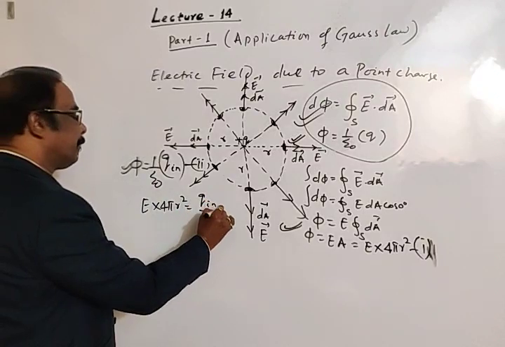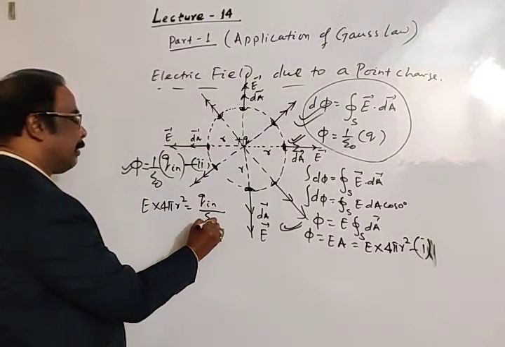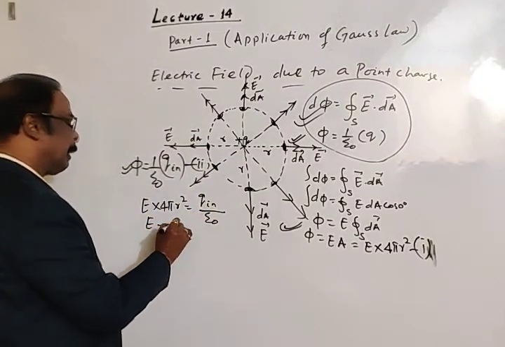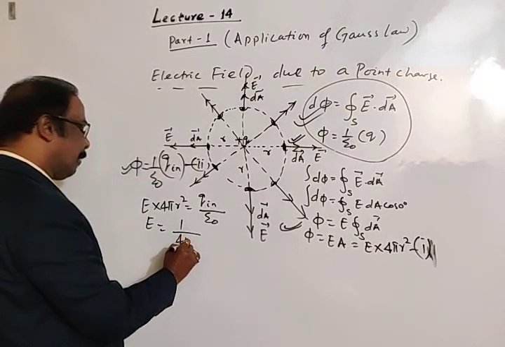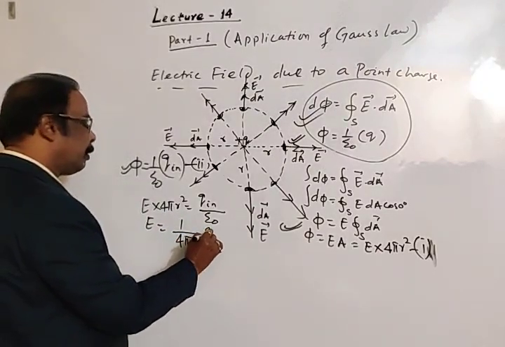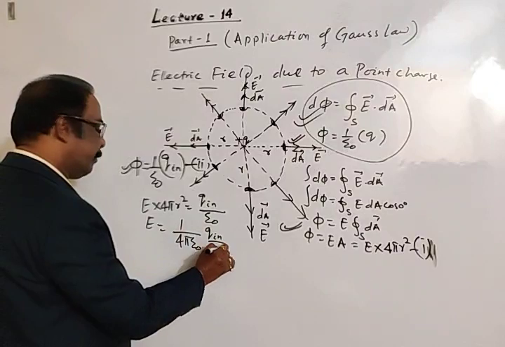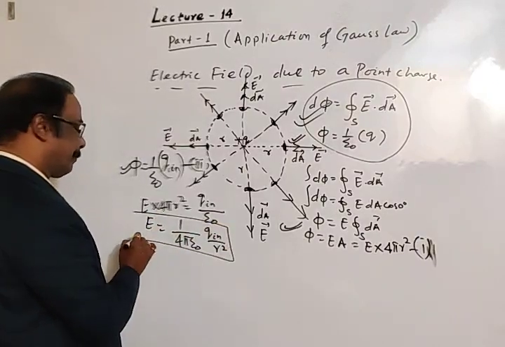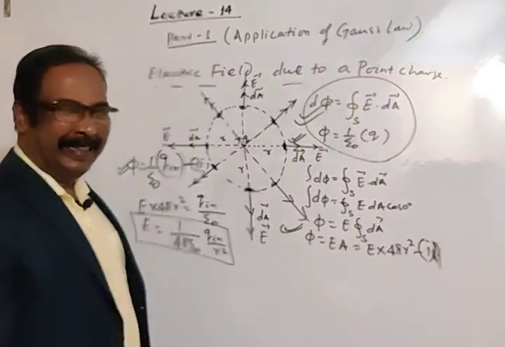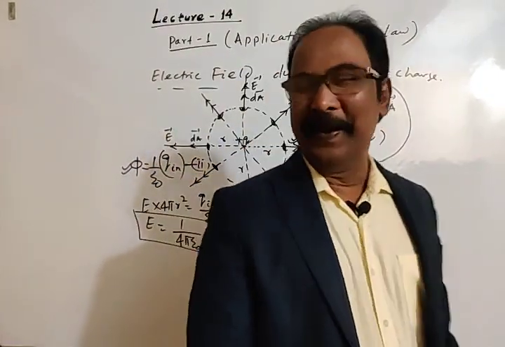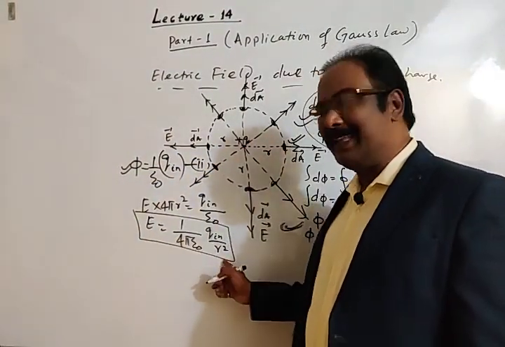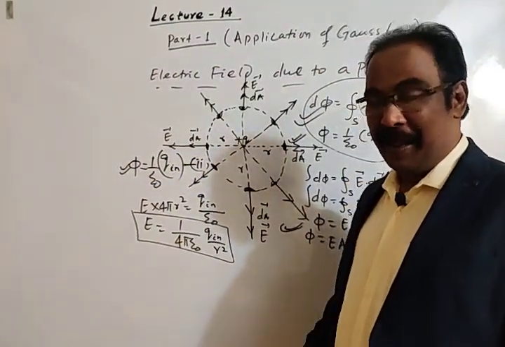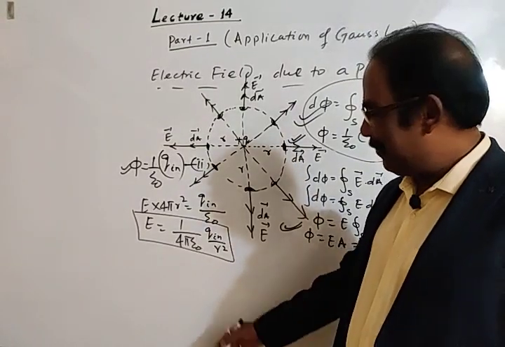Now equating equation 1 and equation 2, E into 4 pi r square is equal to the charge inside the Gaussian surface divided by epsilon naught, and electric field is 1 divided by 4 pi epsilon naught q inside divided by r square. I think you have already done this. I know you have already.